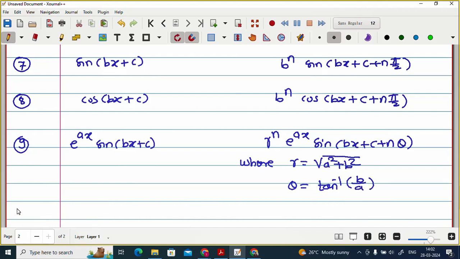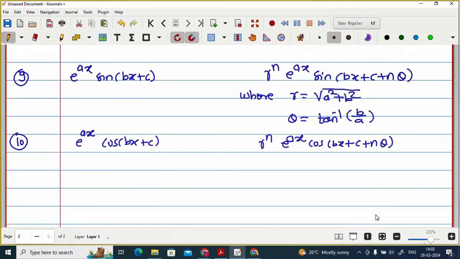Okay. Similarly, we have the nth derivative formula for e raised to x cos of bx plus c. It is similarly r raised to n e raised to x cos of bx plus c plus n theta, where the same r means under root a square plus b square, theta means tan inverse of b upon a.